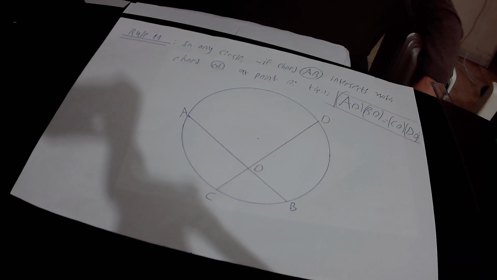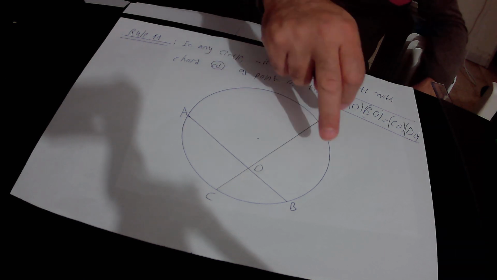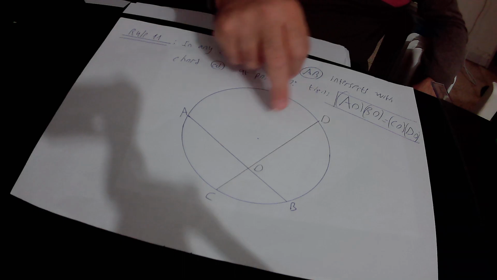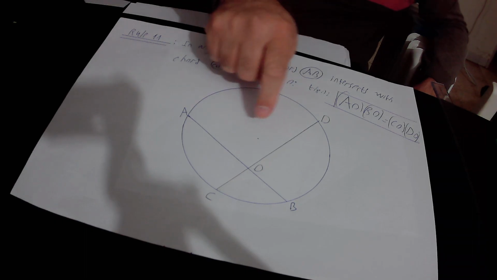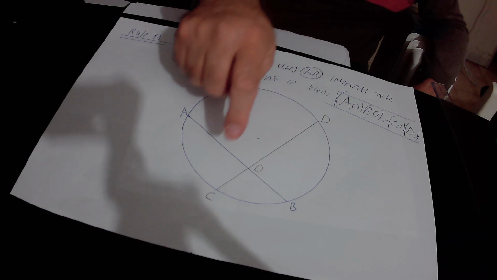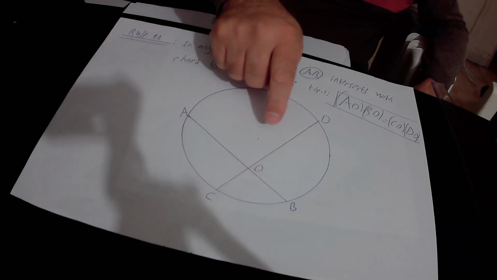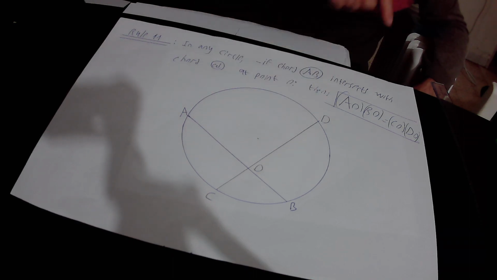Here we have chord AB that intersects with chord DC at point O. Whenever you have two chords that intersect with each other, the following equation will be true: AO times OB equals CO times OD. Again, AO times OB equals CO times OD.